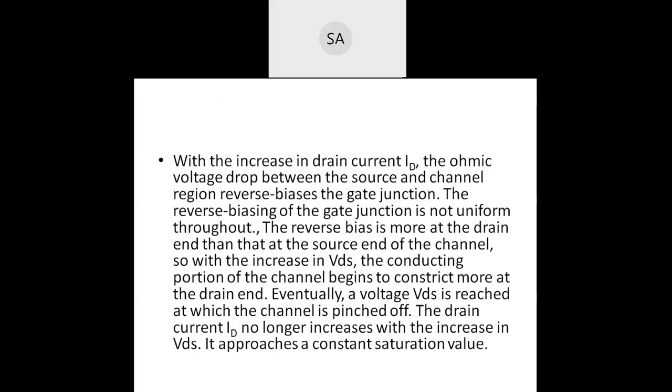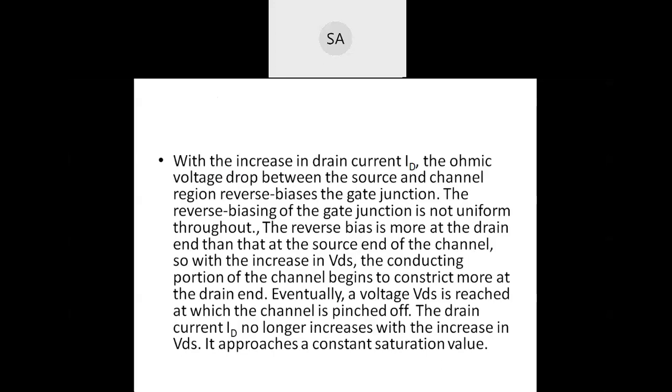The reverse biasing of the gate junction is not uniform throughout. The reverse bias is more at the drain end than at the source end of the channel. So with the increase in VDS, the conducting portion of the channel begins to constrict more at the drain end.